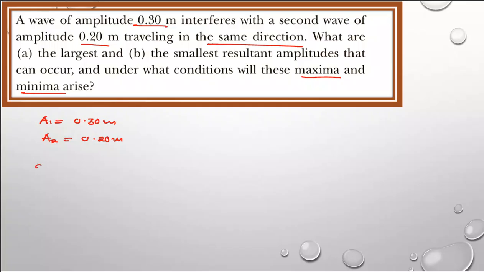To find the largest amplitude, you just add the two. So the largest amplitude is going to be equal to amplitude 1 plus amplitude 2.